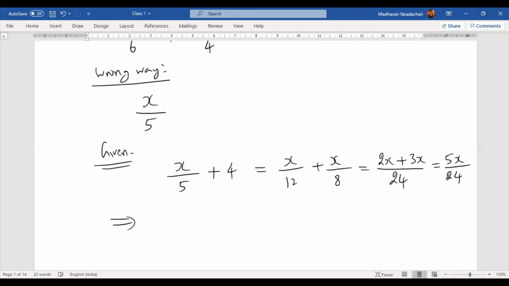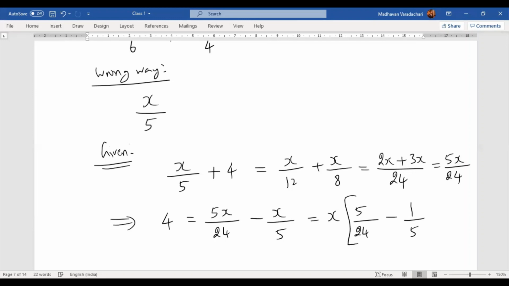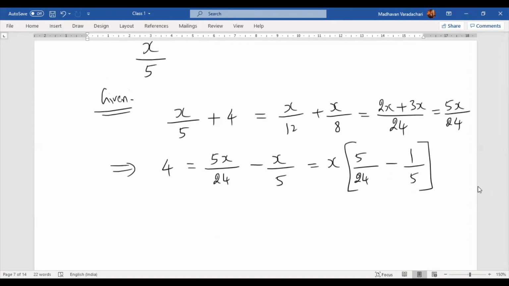Now, I can retain this 4 here and take this x by 5 to the other side, so it will become negative. x is common, take it outside. So I can write 5 by 24 minus 1 by 5. Now I can rewrite it as 4 equal to x times, what is the LCM of 24 and 5? I will consider it as 120.